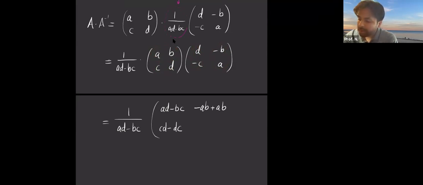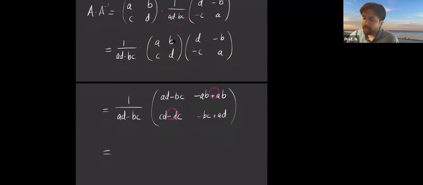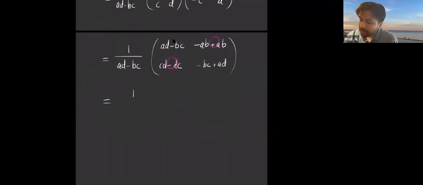And the last row, last column: negative BC plus AD. What do you realize? This becomes 0, this becomes 0. So what am I left with here? I get 1 over AD minus BC times the matrix with AD minus BC on the diagonal and 0 elsewhere, and I can rearrange this as AD minus BC.